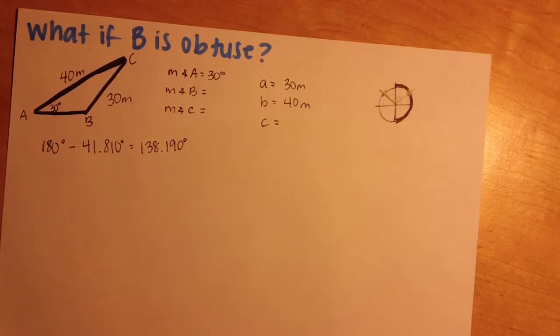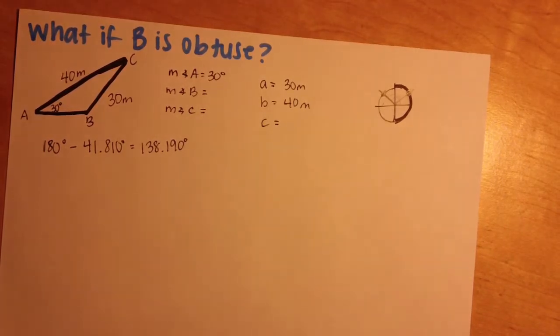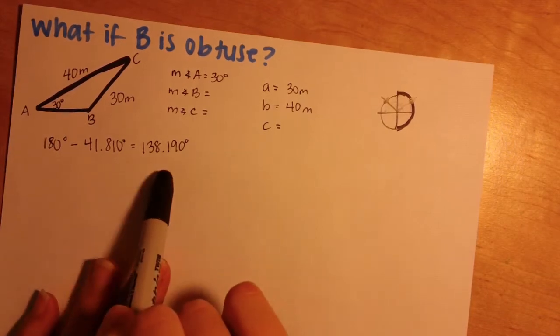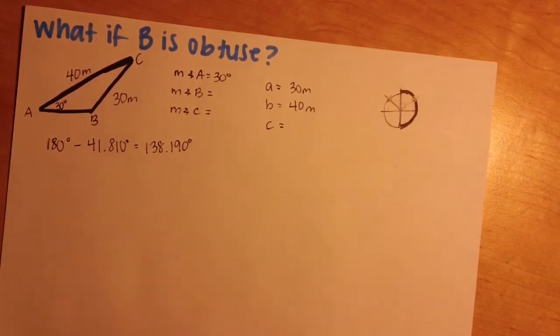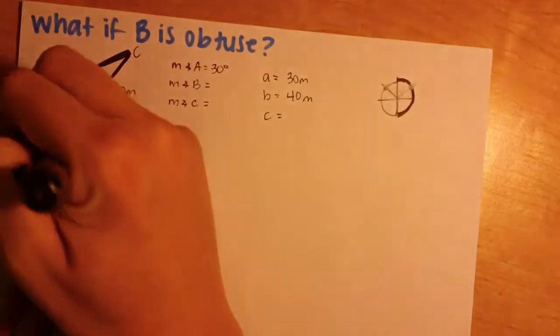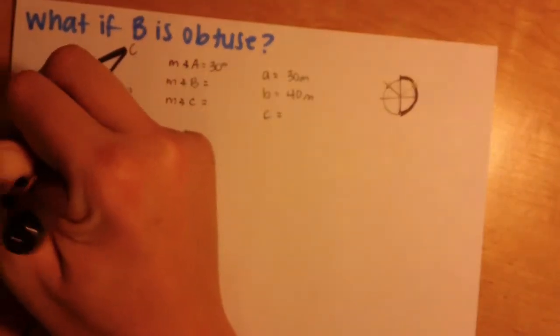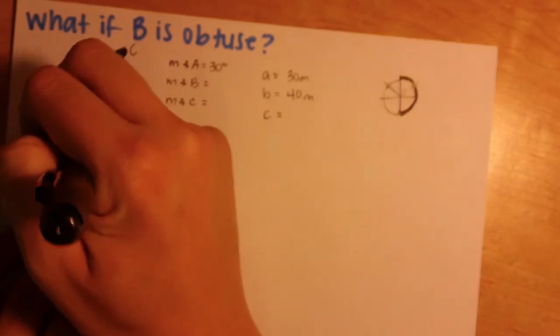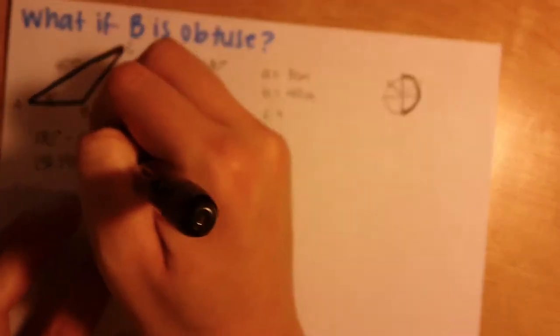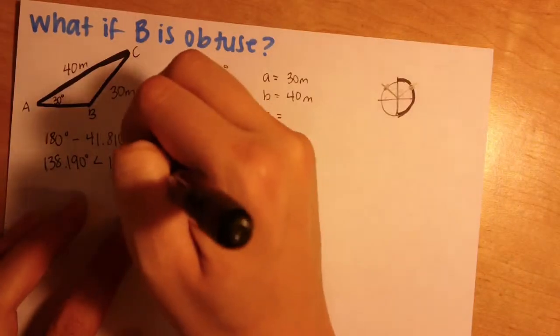The way we check is that when we did 180 minus 41.810 and got 138.190, it's less than 180. Since 138.190 is less than 180 degrees, that means we have two solutions.